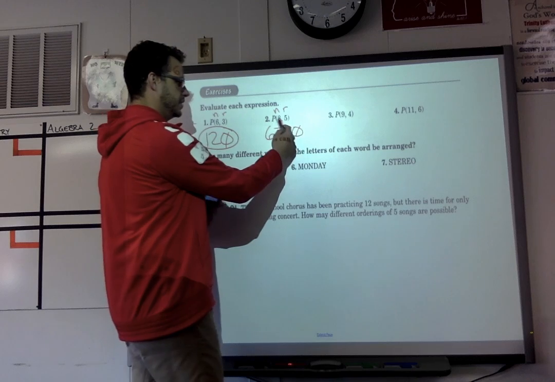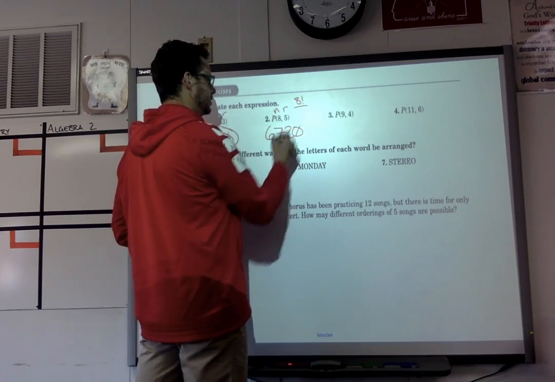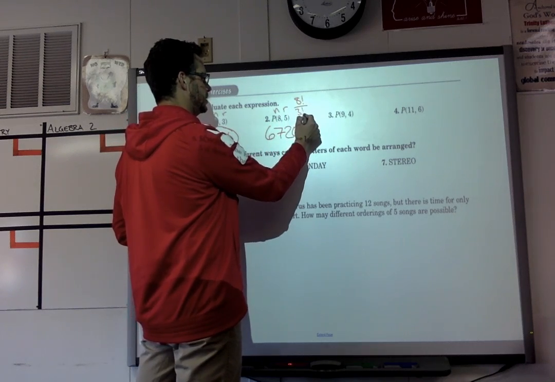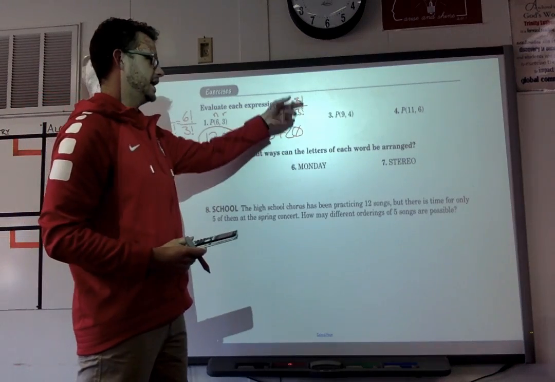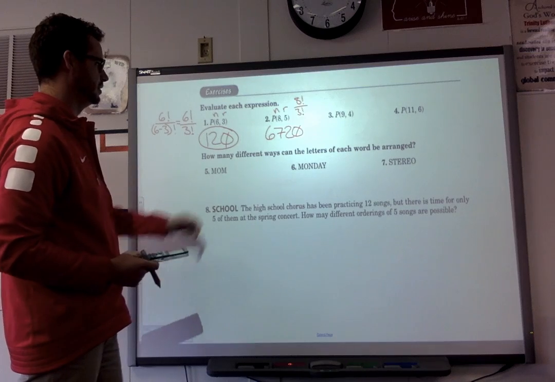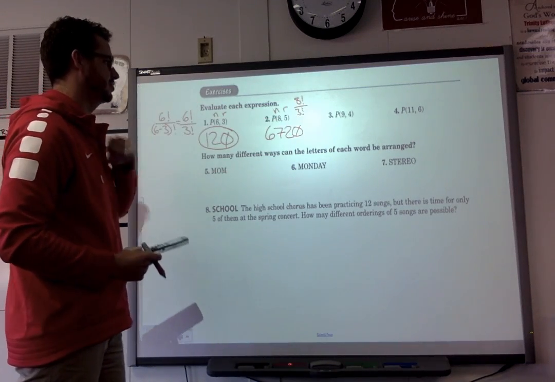Now again, if you wanted to set this one up with the factorials, that would become 8 factorial over 8 minus 5 factorial, or 8 factorial over 3 factorial. And then you could just plug that in as a division problem, 8 factorial divided by 3 factorial.